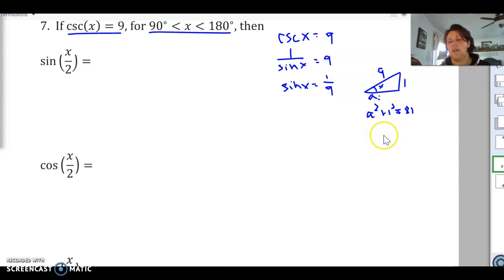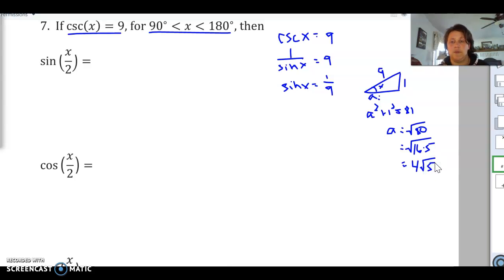And I want to solve for a. So we're going to subtract 1 from both sides. We'll get 80. And then we'll take the square root of both sides. We'll have a equals the square root of 80. And then let's go ahead and simplify that. 80 is equal to 16 times 5. And then that would simplify to 4 square root of 5.